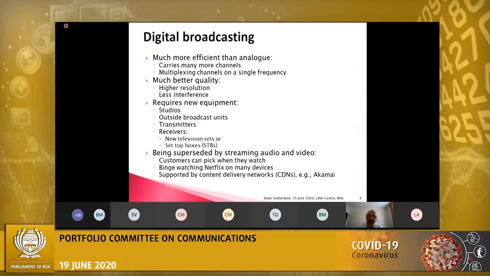But the catch, the economic catch, is that it requires new studios, new outside broadcast units, new transmitters, new receivers.